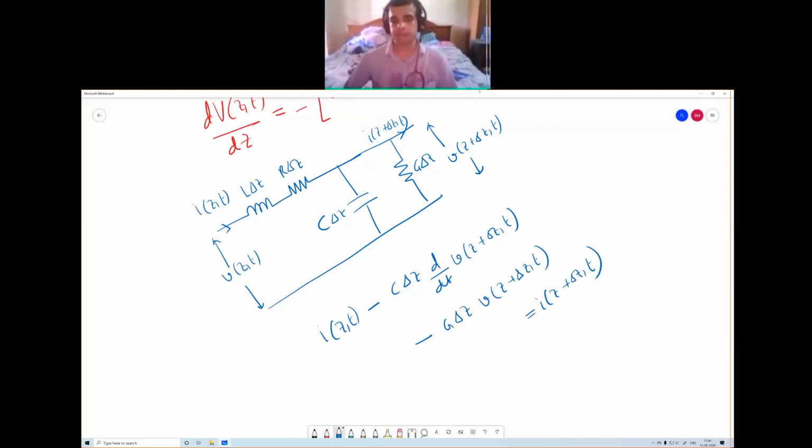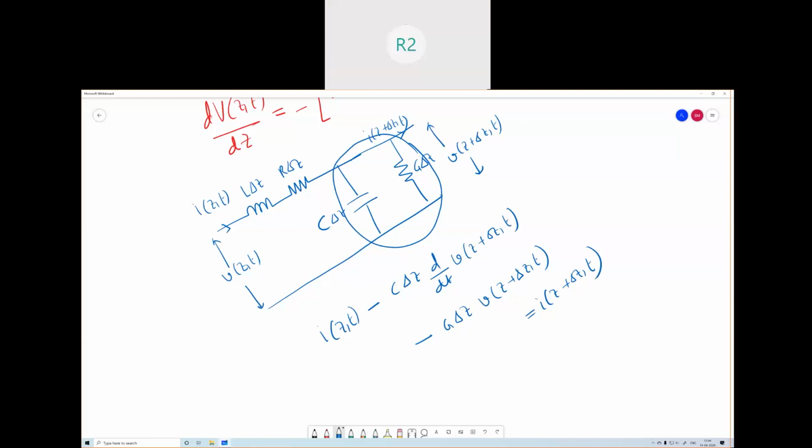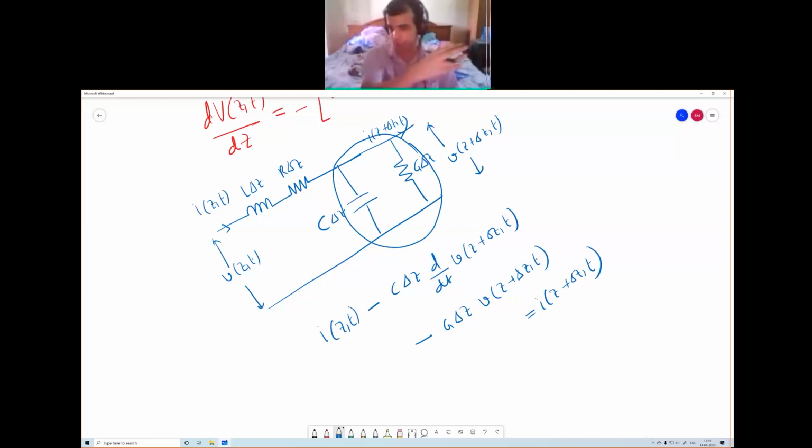Can we write it? I am applying KCL to this part. What is the current in the capacitor? Q equal to CV, so I would be C dV/dt. C is not changing with time, so we can take that out of the differential equation.